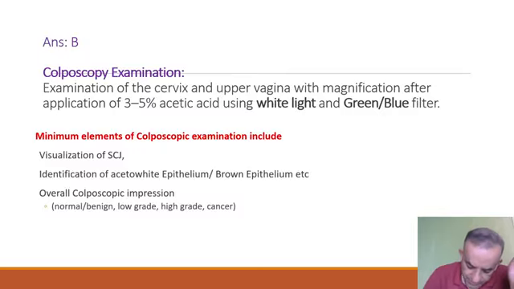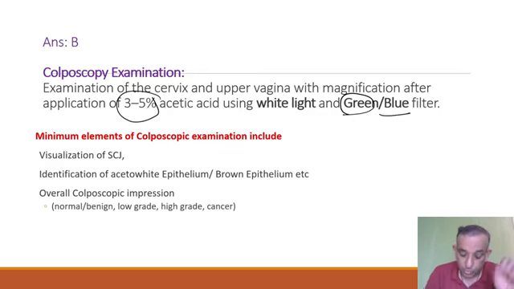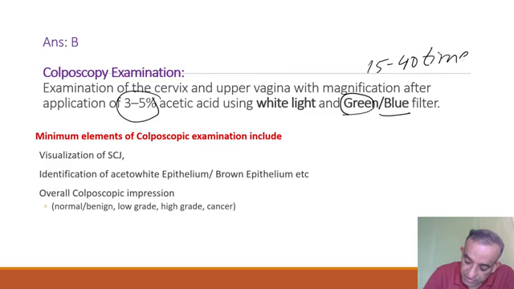So yes, colposcopic examination of the cervix and the upper vagina with magnification after application of 3 to 5% acetic acid using a white light and a green filter, can also be a blue filter. All right, so the magnification is 15 to 40 times magnification of the cervix.